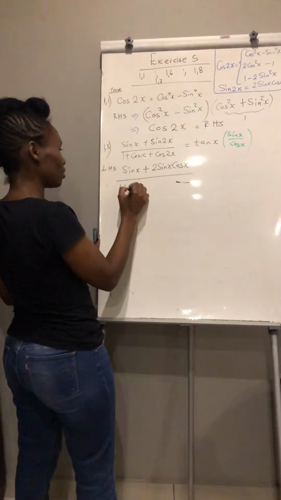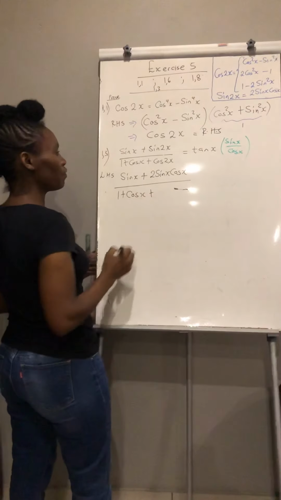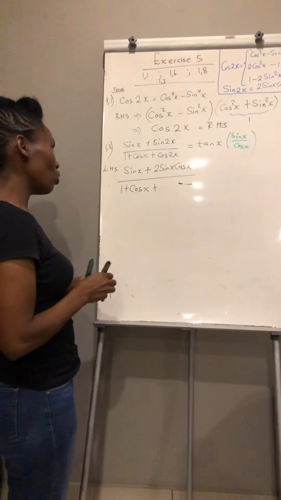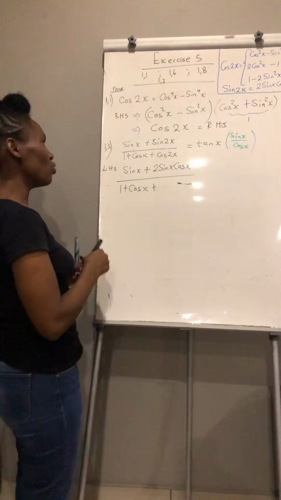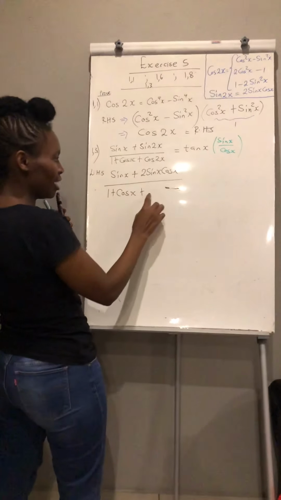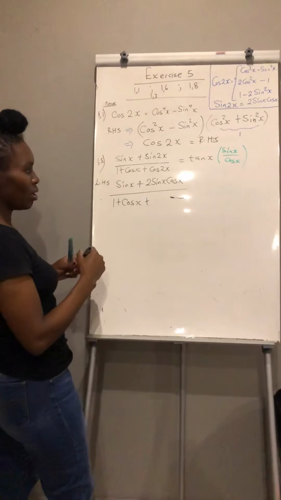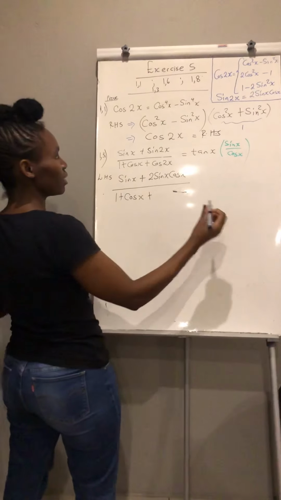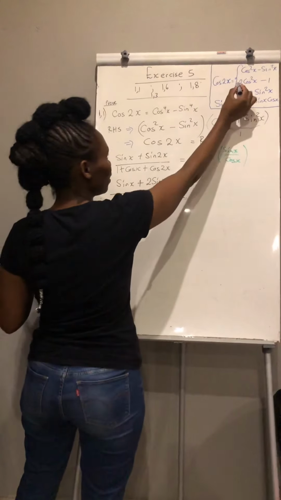Now the denominator is 1 plus cos 2x, but now you have to think a little, because cos 2x, like we are noticing, has 3 possible expansions, so you have to choose the right one, the one that will simplify your life. And how do you choose? You always ask yourself, what do I need at this time? And at this time, you need cosine on the denominator. So you have to choose an expansion that has only cosine, if possible, on the denominator. And as you can see, that will be this expansion right there.